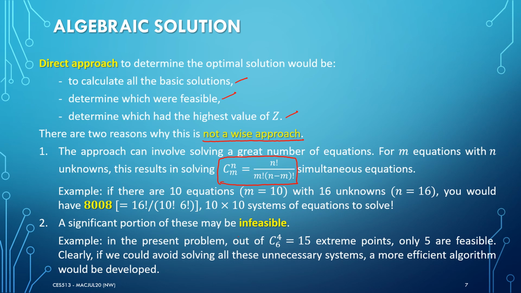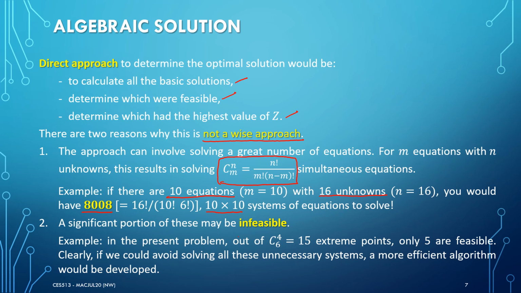For example, if there are 10 equations, m equal to 10, with 16 unknowns, that means n equal to 16, you would have 8008 10 times 10 systems of equations to solve. That means you need to solve numerous equations.